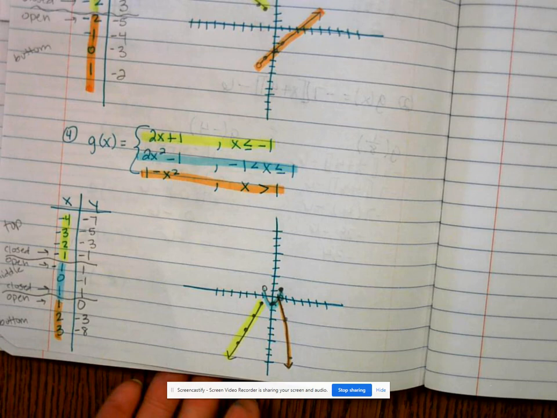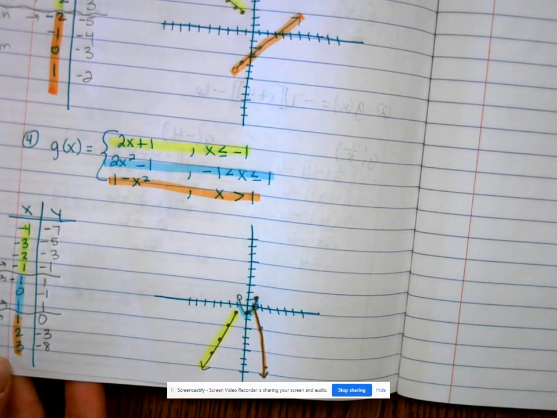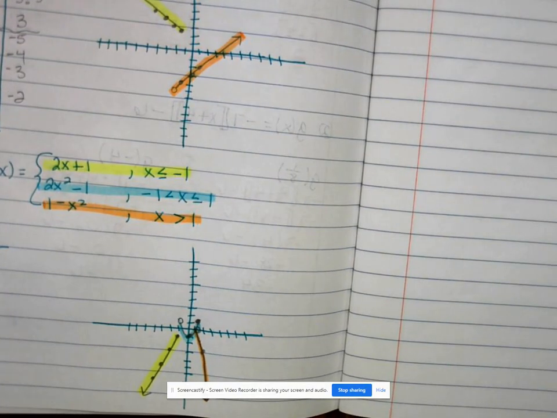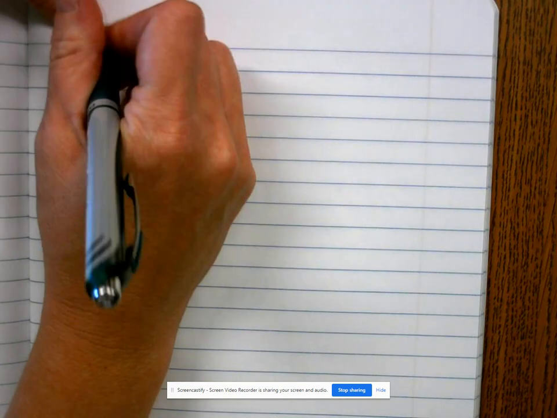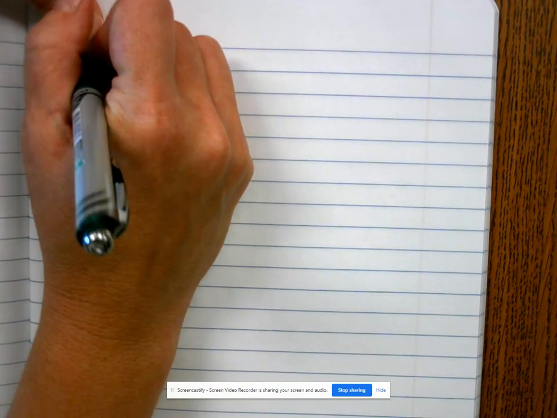All right, the other thing that I did not do that's in here, it was actually in your class starter last week where we had to write a linear function. Number 5 has its own set of directions.